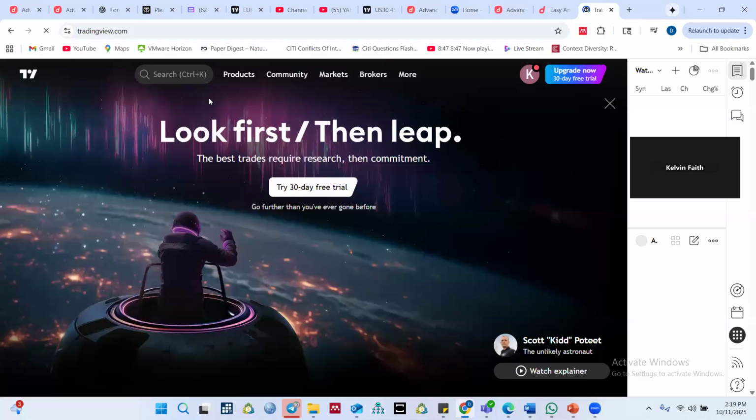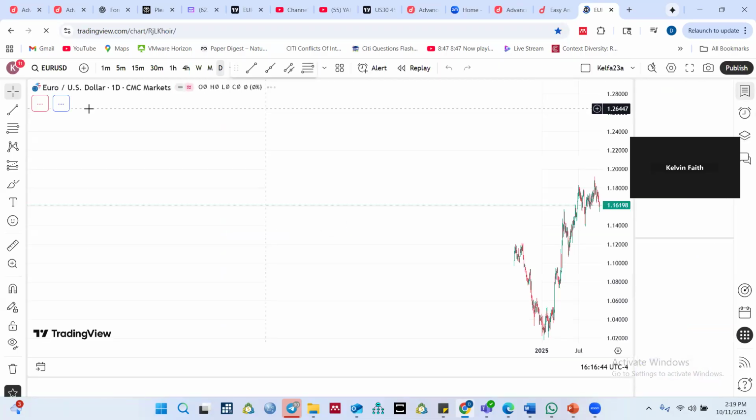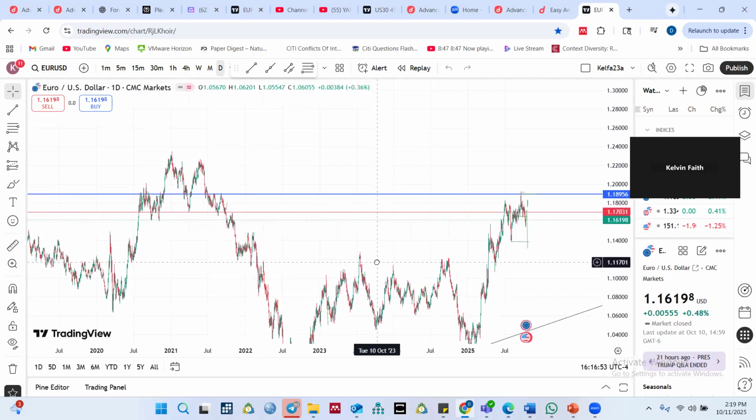Then you look for where it says Products, and under Products you see Supercharts. When you click on Supercharts, it will take you to the chart where you can search for the pairs and navigate. This is what we use for the analysis.